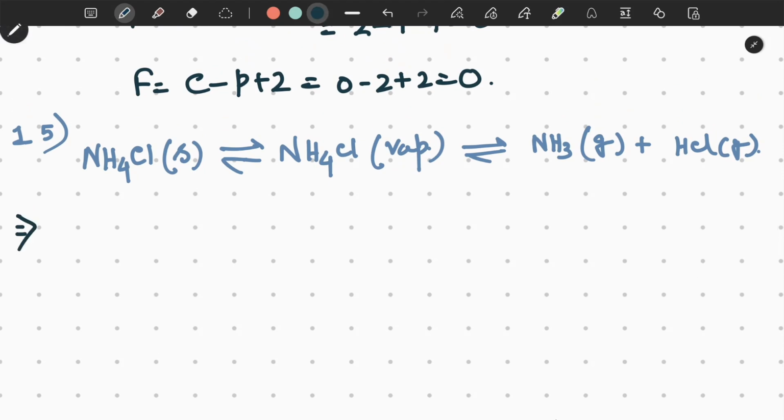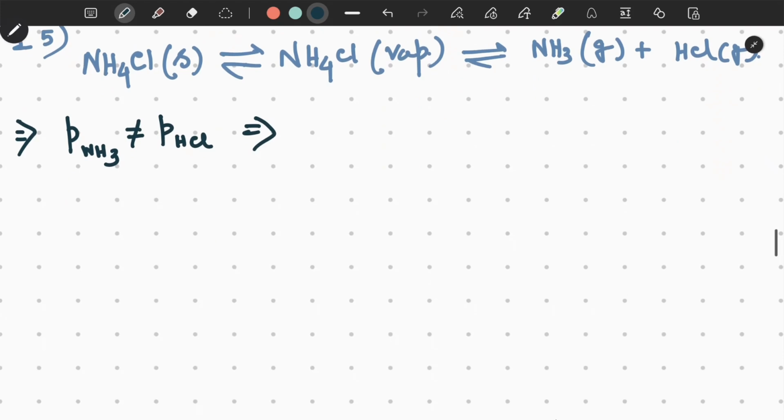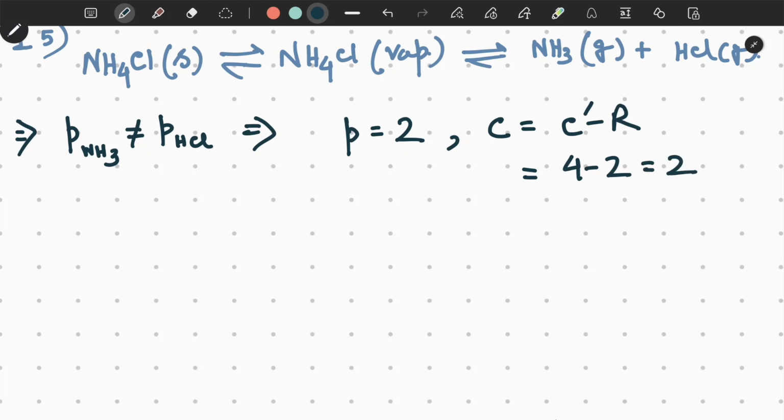So now first you consider this is not equal, this restriction is not there. Then the number of phases will be 2. Exactly. Components: 4 minus 2, so it is 2. And so degrees of freedom will be 2.